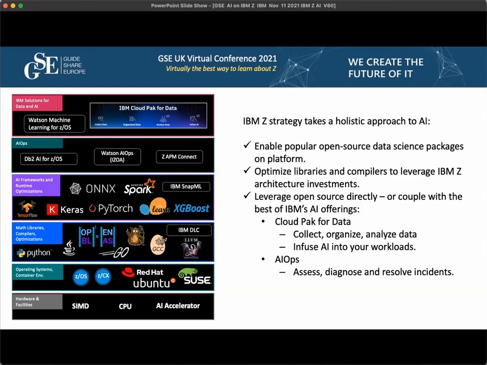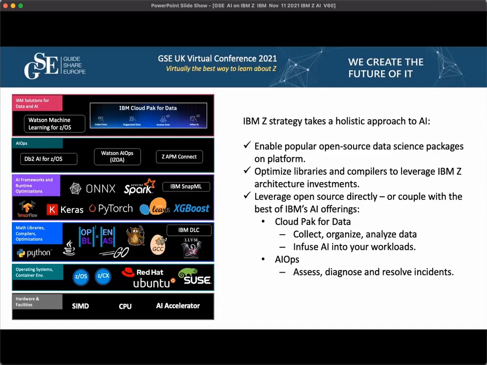We're helping our clients manage their systems, but also more quickly resolve issues that arise, and have a quicker mean time to recovery with our IBM Z Operations Analytics offering, IZOA, and also integrating with Watson AIOps, such that you're able to monitor and observe all of your IT systems in your enterprise, inclusive of Z here.